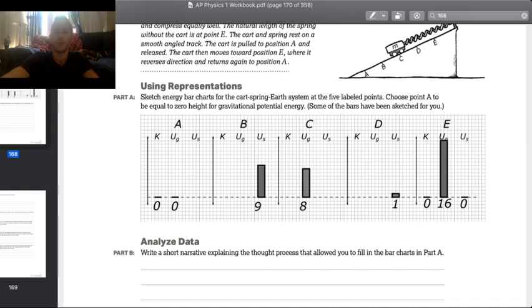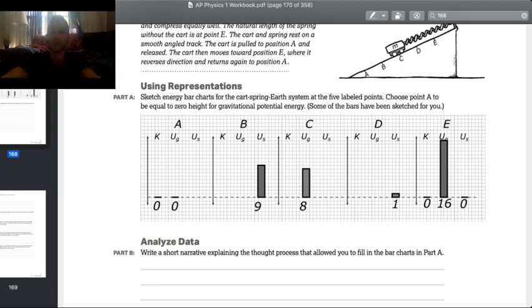So at point A, we have the kinetic energy and the gravitational potential energy are zero. Why is the kinetic energy zero? It's because it's an extreme point. It's as far as it goes.